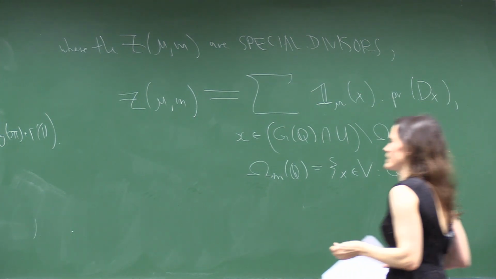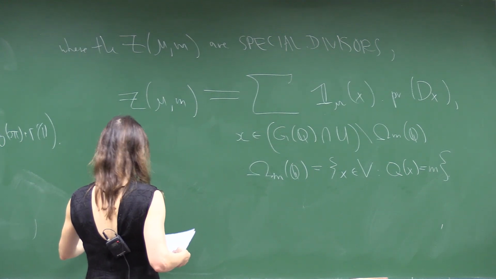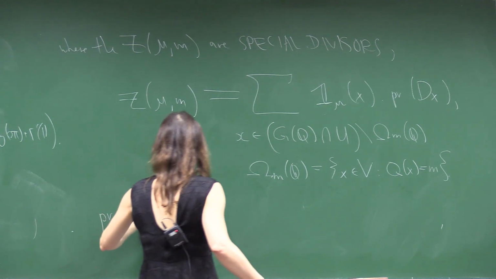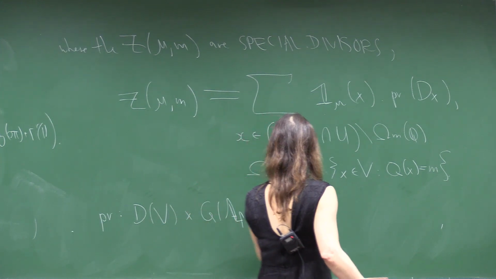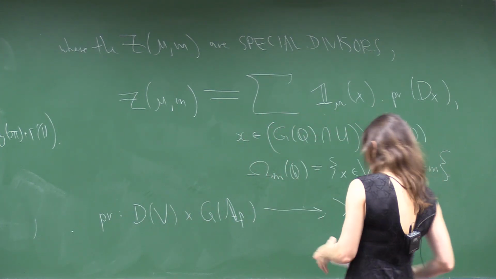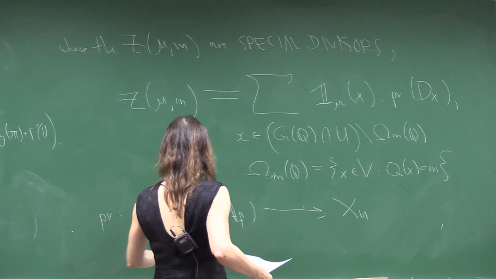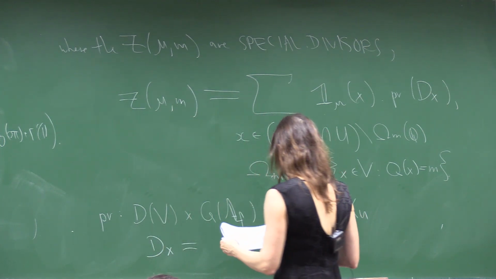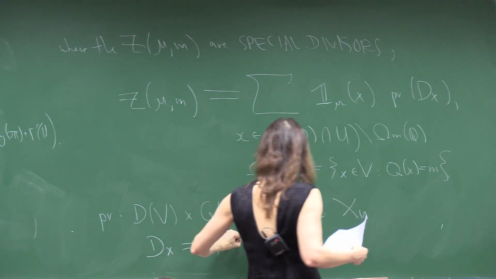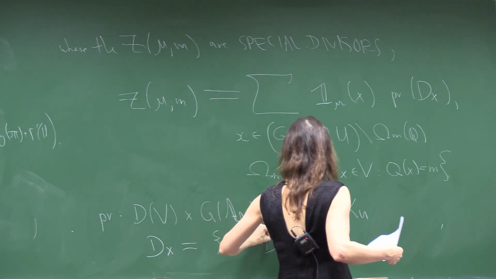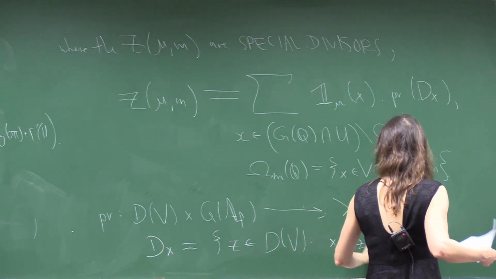So let me just say quickly what this is. This is the geometry here. PR is going to be the natural projection to the Shimura variety, and the dx is really just the points z in the Grassmannian which are perpendicular to x.